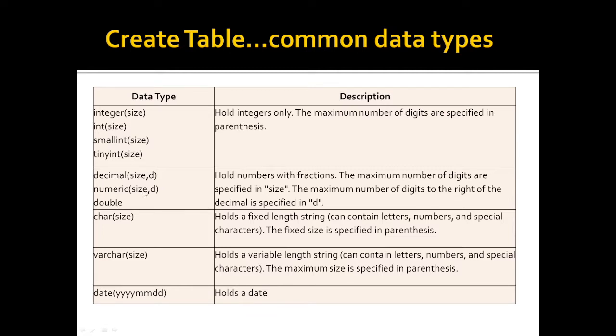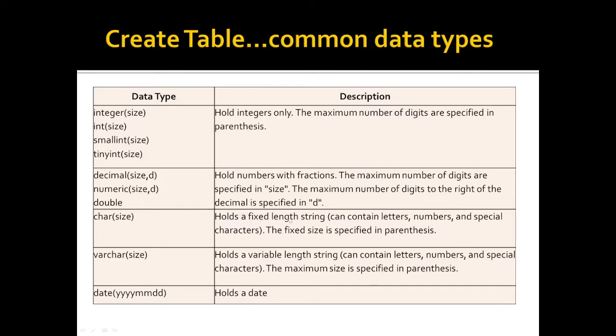I'm not sure with numeric, but sometimes these are also accepted so that there will be some compatibility with other databases. So decimal holds numbers with fractions. The maximum number of digits is specified in size, and the maximum number of digits to the right of the decimal point is specified in D. So this is where we specify the size and the number of decimal places.